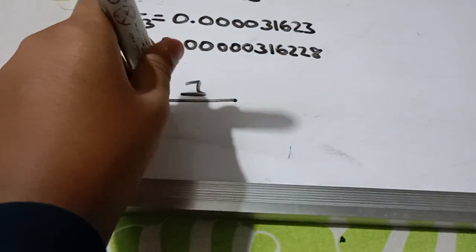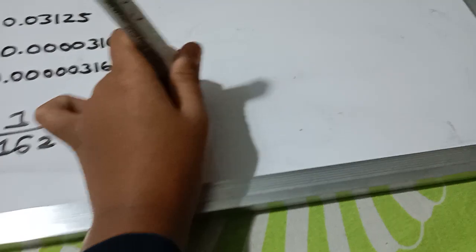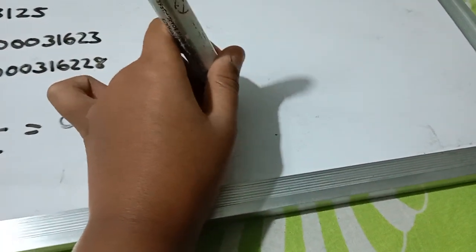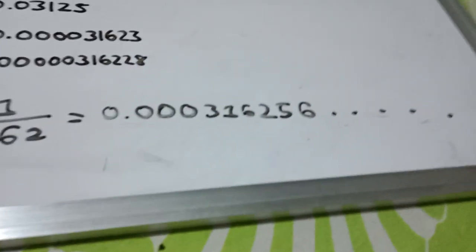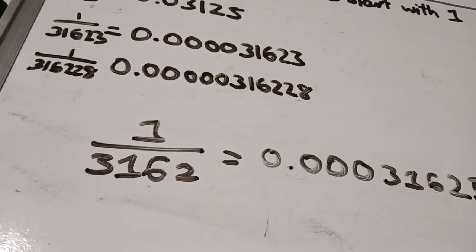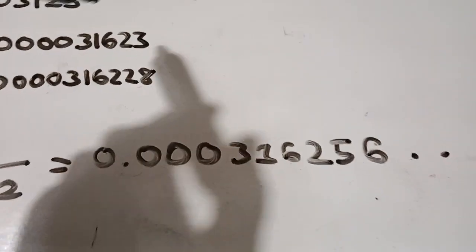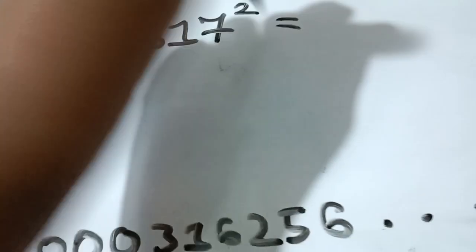So 1 divided by 3162 is 0.000316. Even 316 and 3162 still haven't crossed any zeros yet, because there's a difference with 317 squared.